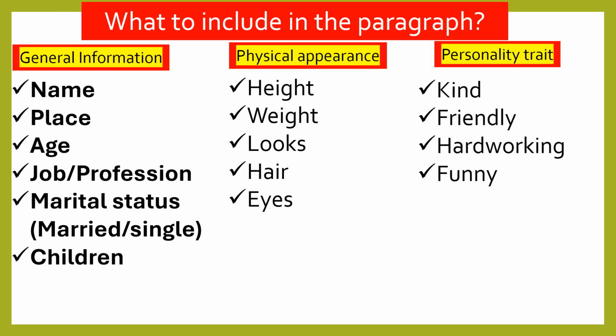If you check the table, you will come to know. Then you will write about physical appearance, her height. It's not given, but when you look at the picture, you know she's tall or short. Then weight. In the picture, you can see her. She's not plump. She's not very average also.